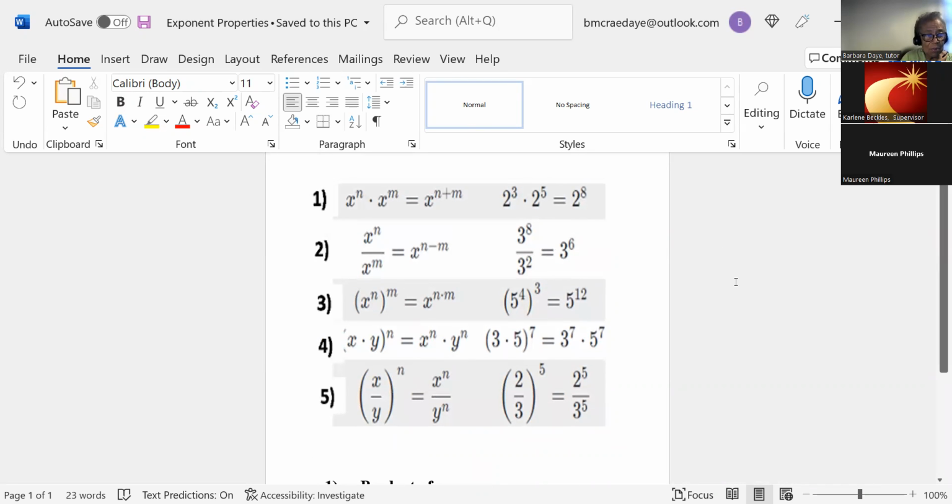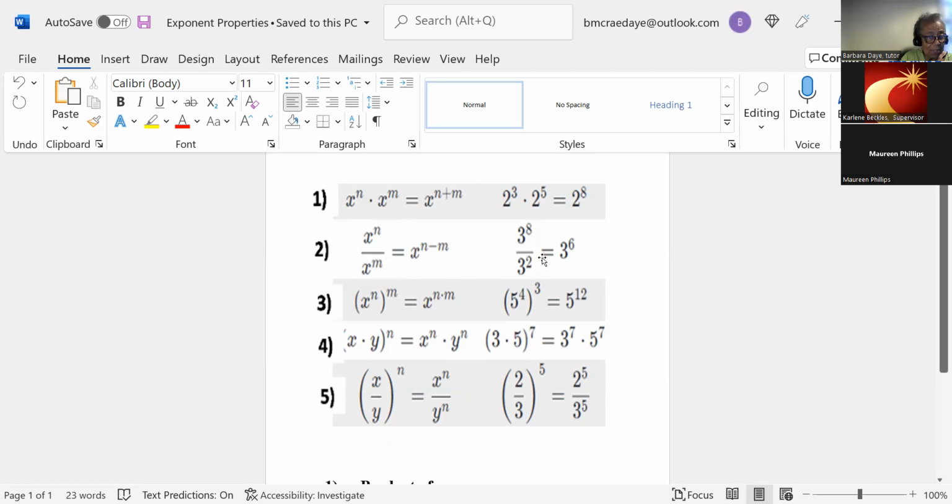So I thought when you looked at them again, you'd see, okay, I can do this, because this second property is division. It says x to the n divided by x to the m. You subtract the denominator power m from the numerator power n. So that's x to the n minus m.